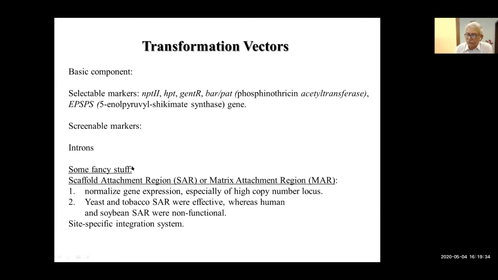Some other stuff that can be used for efficient transformation of the tDNA is the scaffold attachment regions or matrix attachment regions. This is a bit complex, actually. The chromosomes, when they relax within the nucleus, have some outer boundaries.